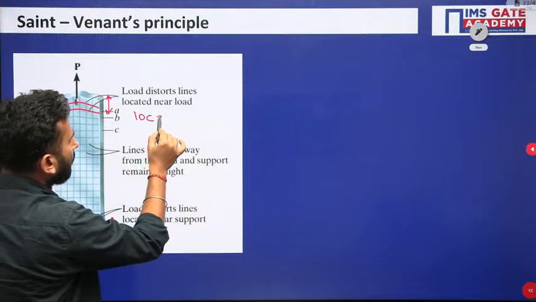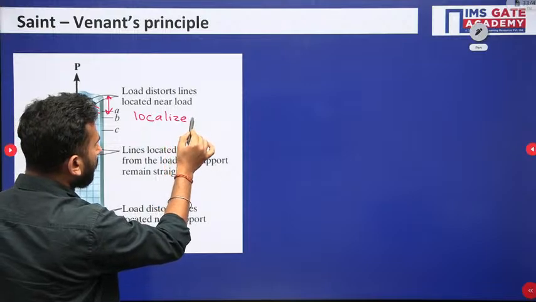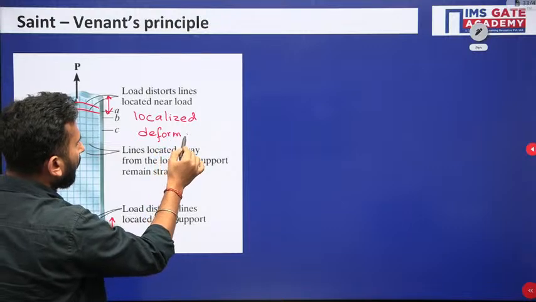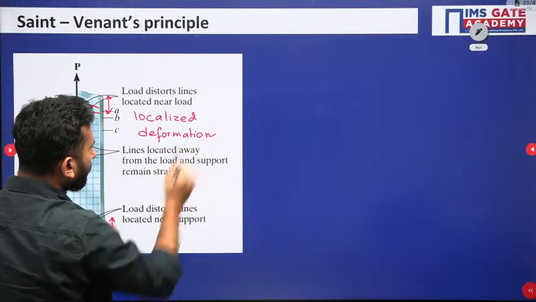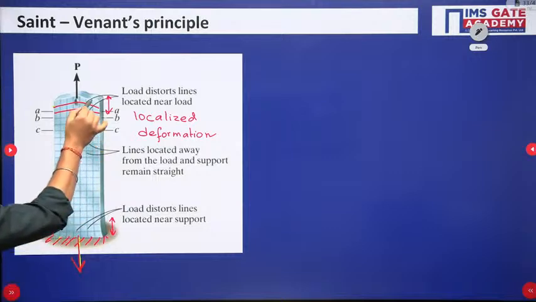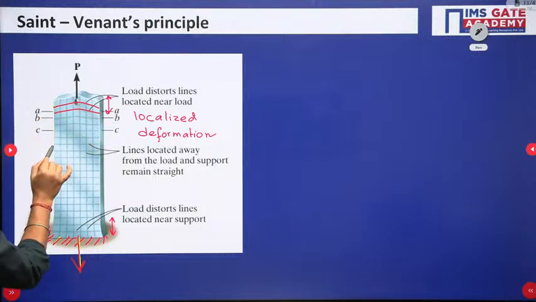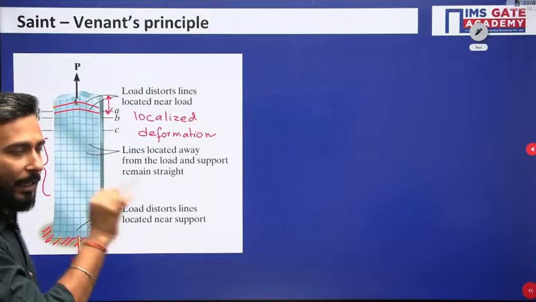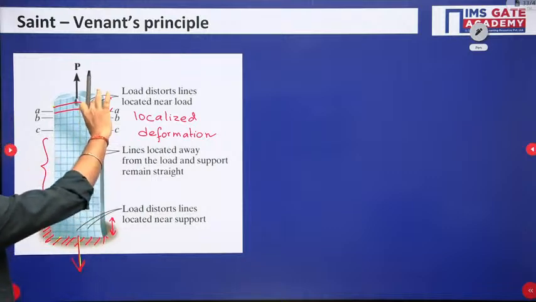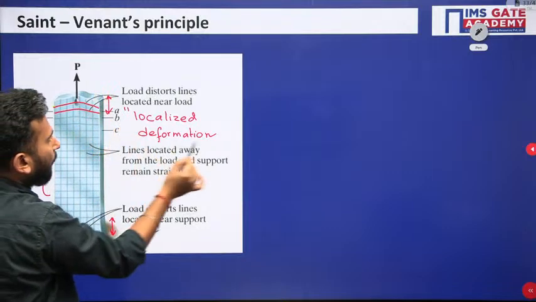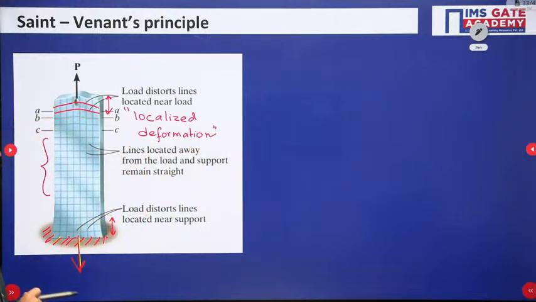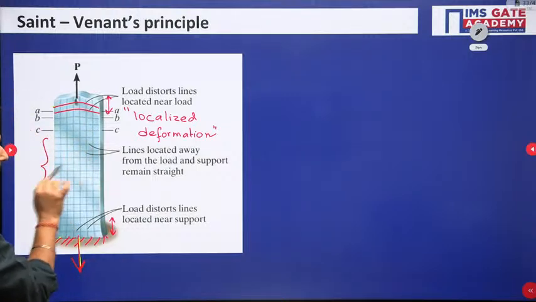Some localized deformation is there, and only after some distance, for example here to here, the lines are exactly parallel. Up to some distance there has been localized deformation, and after some distance, from above and from below also, the lines are perfectly parallel to each other.